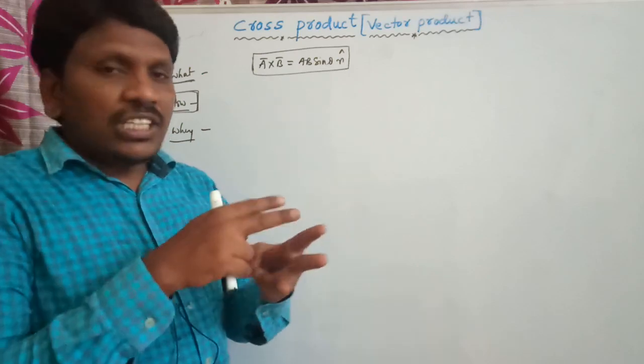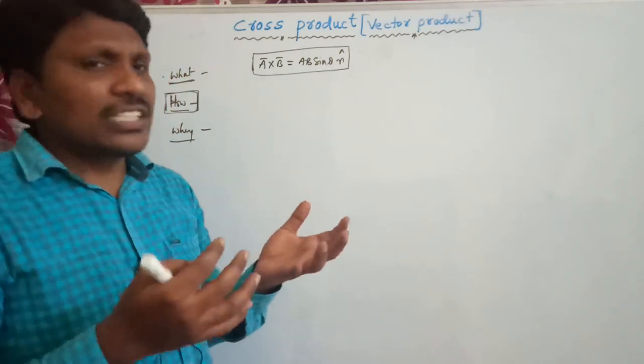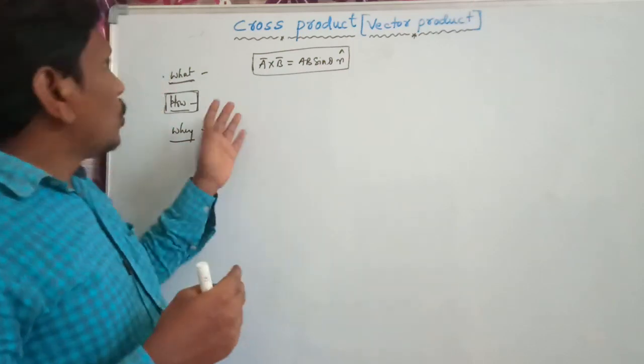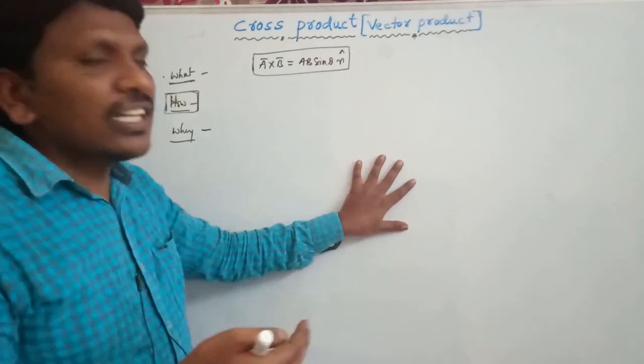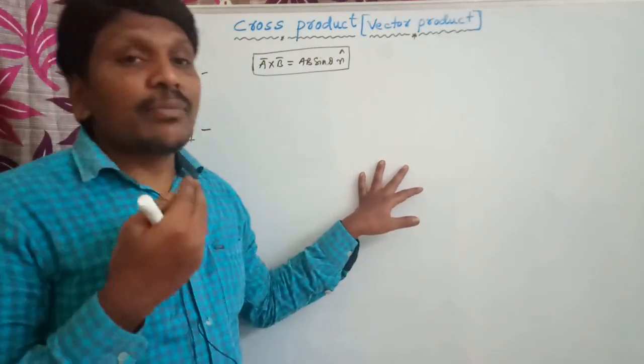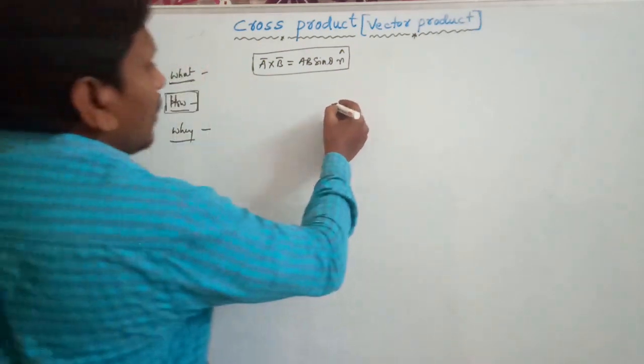Without these three we cannot understand the topic or concept, in physics or in any subject. So we are going to understand the cross product by drawing diagrams and giving some examples.